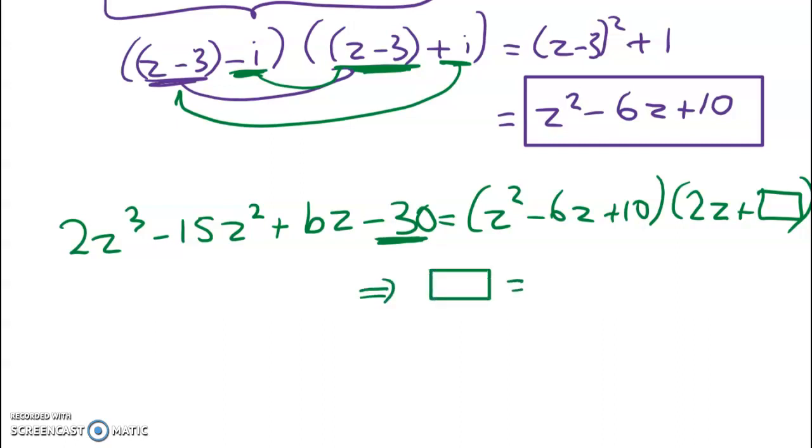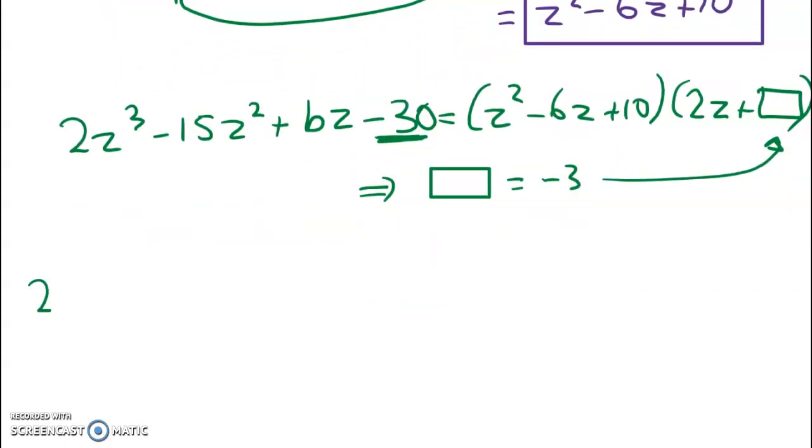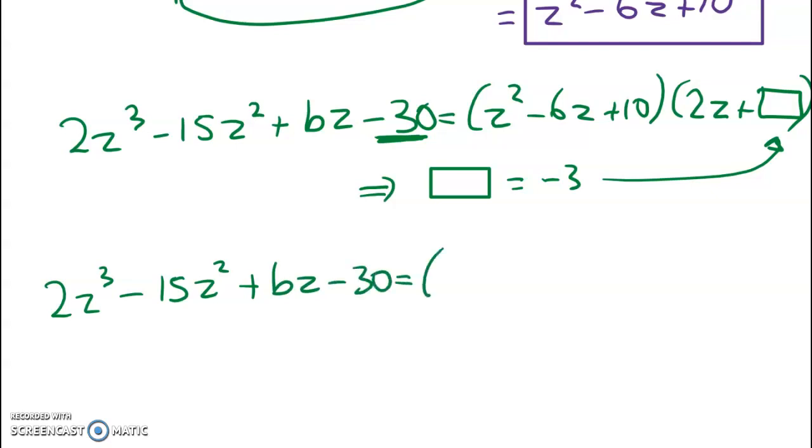So the box is equal to negative 3, and we can put that in there. Now what I've got is 2z cubed minus 15z squared plus bz minus 30 is equal to z squared minus 6z plus 10 times 2z minus 3.